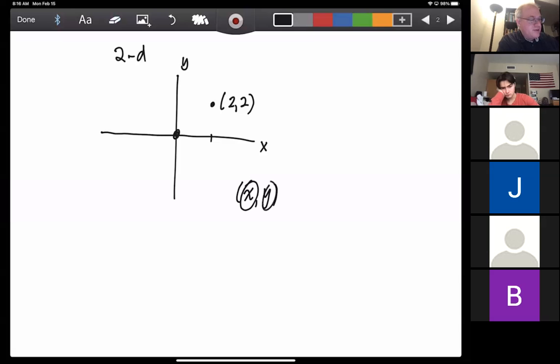Whatever the second number is gives you a number on your Y-axis. And then you look for the intersection of the perpendiculars to the axes corresponding to those two numbers, right? The intersection is going to give you your point.